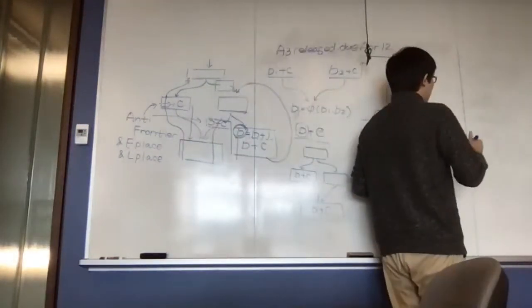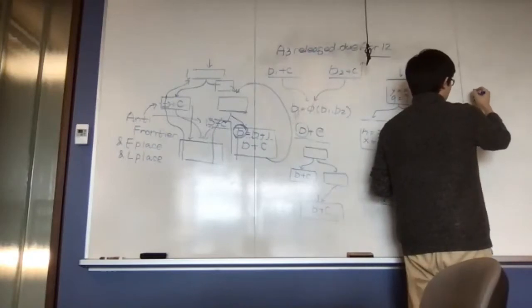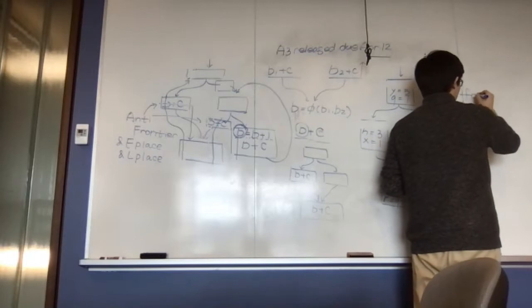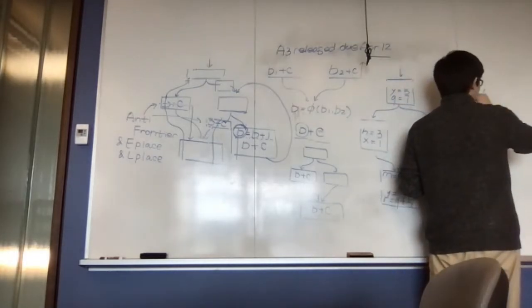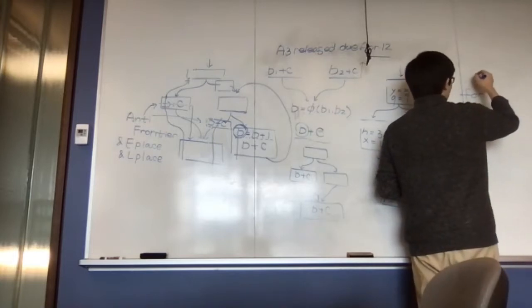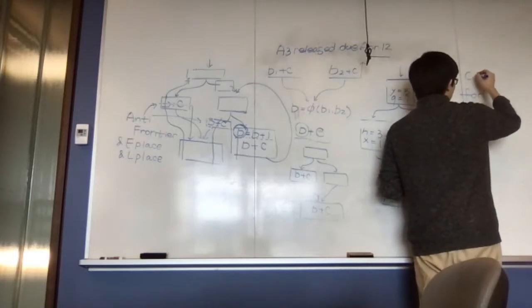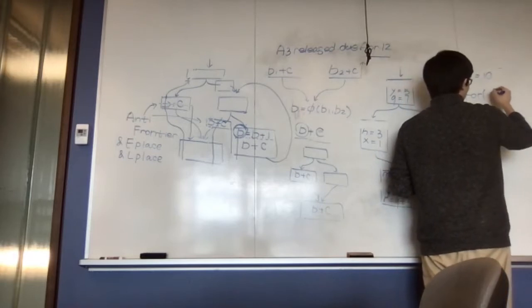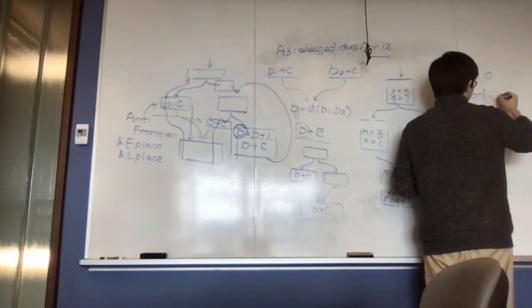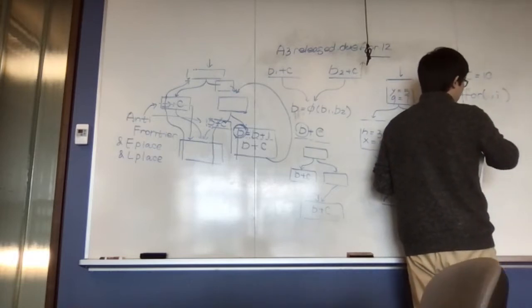So let us suppose that we have a certain constant. Let's say c is equal to 10. And we have a for loop here.